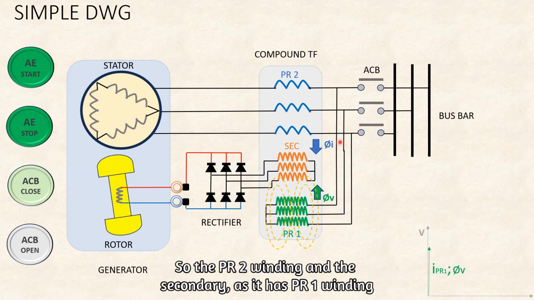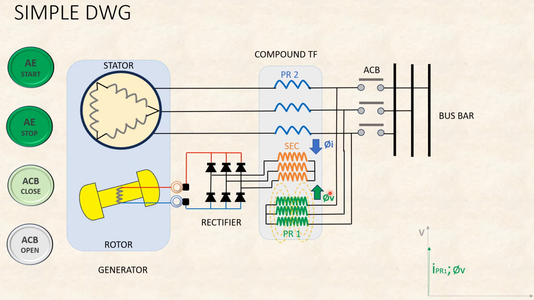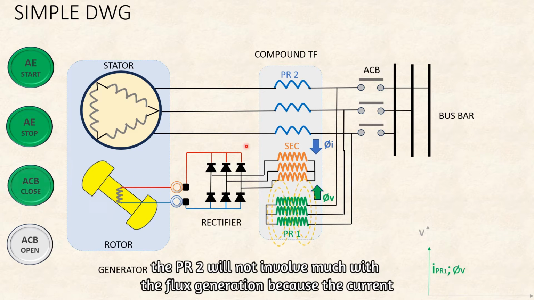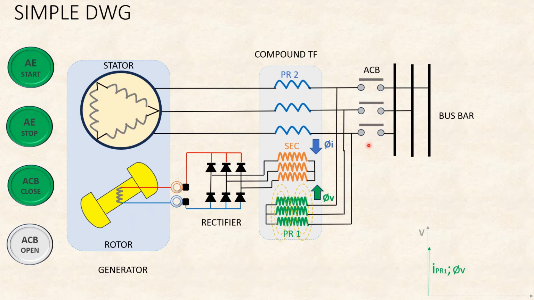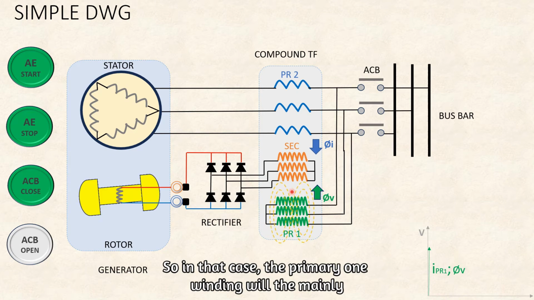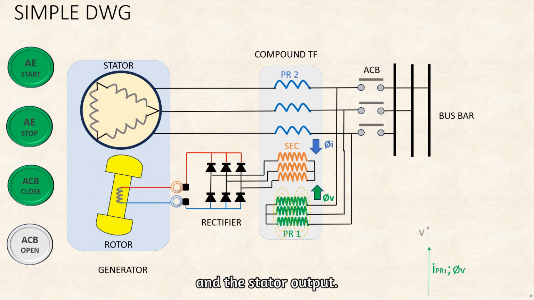So the turn ratios of PR2 and the secondary, as well as PR1 and the secondary, are matched in this way. At the beginning, PR2 will not be much involved in the flux generation because the current is small, as the ACB is not closed and the busbar is not drawing much current. In that case, the primary 1 winding is mainly creating the flux and is responsible for maintaining your rated voltage at the stator output.